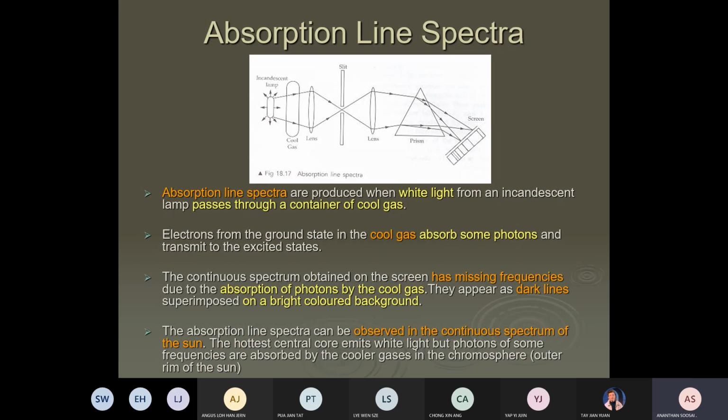So now they do absorption, with cool gas. Why do they use cool gas? They want the electrons to be at the ground state. So they use a lamp which gives visible light, 400 to 700. All the wavelengths are available to the electron to select what it wants.